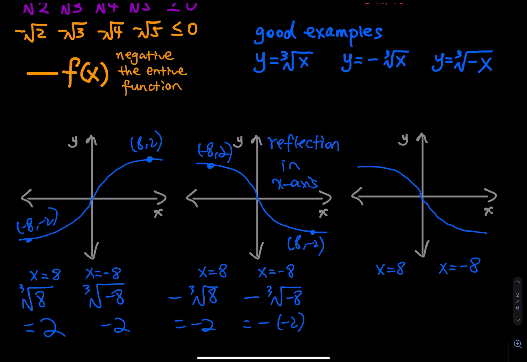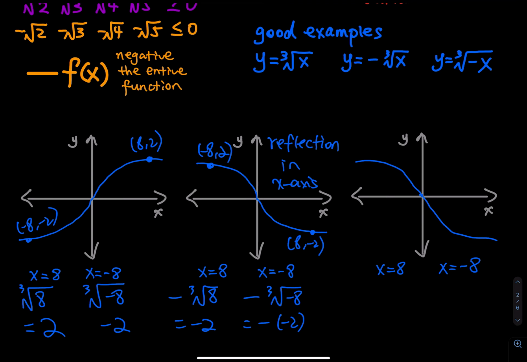So this one will just look like the previous one because of the shape of this graph. So reflection in the x-axis and reflection in the y-axis look pretty much the same, but the process is different, because this is what we just did. It was here, now it is here, reflection in the y-axis. And the other piece was here, now it is here. So it's different than the previous one.